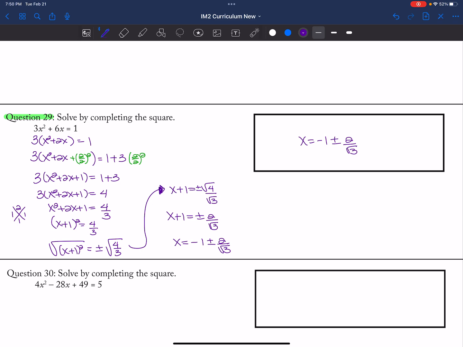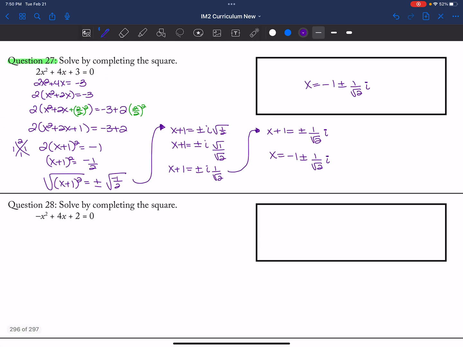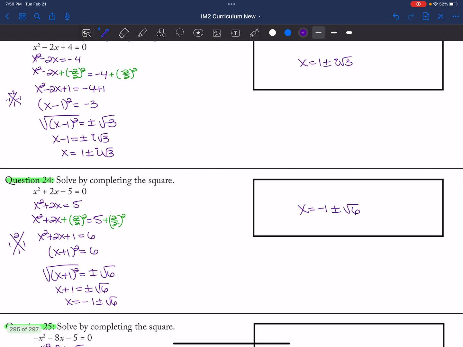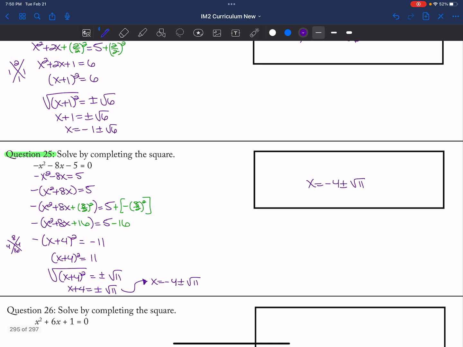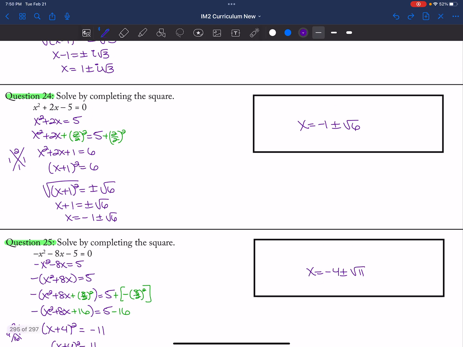Okay, probably the most important thing, because it can get really complicated, right? So 29 and 27, super complicated, you know. If it wasn't as complicated, or had another number in front of it like 25 did, like if it had the number 2 in front, that's not terrible, like 27 and 29, I want you guys to be able to do that.